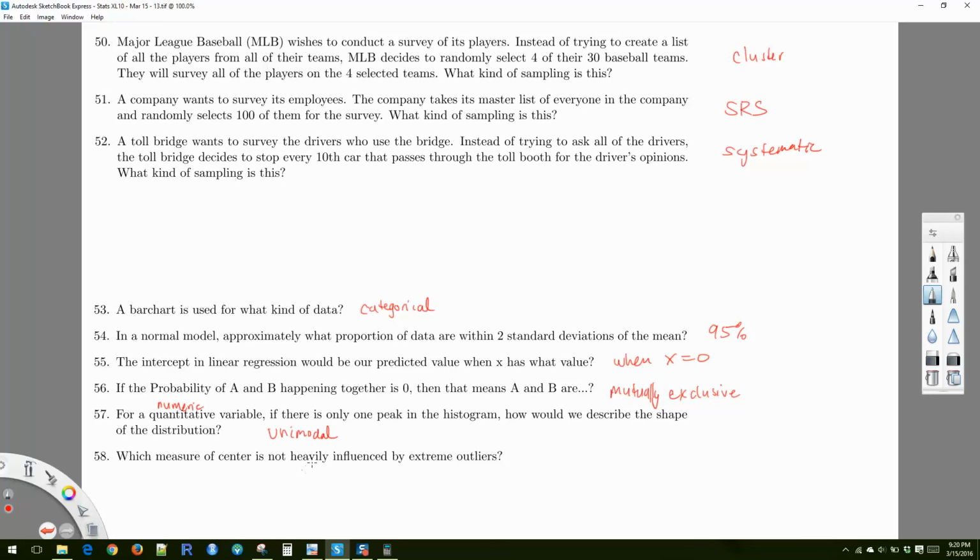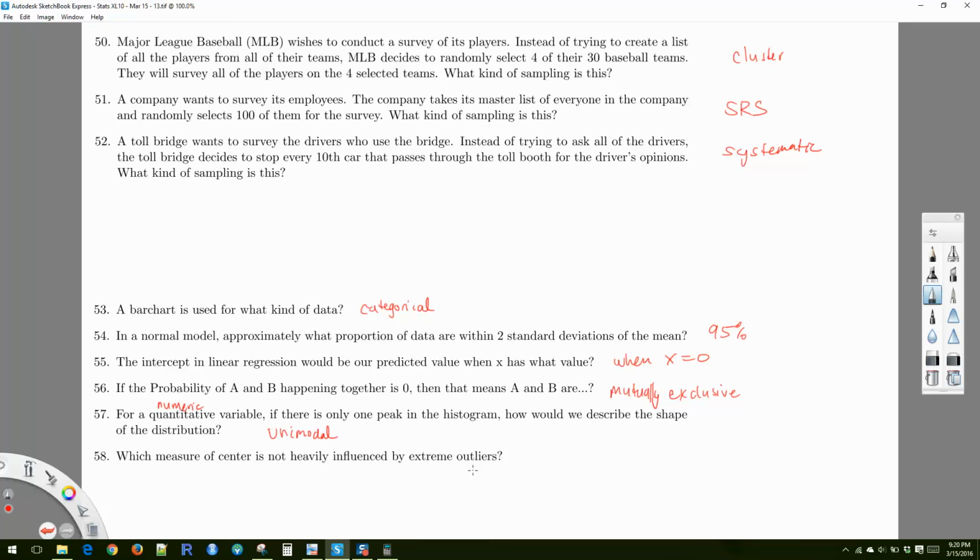Which measure of center is not heavily influenced by outliers? Okay, we learned two measures of center. What were they?